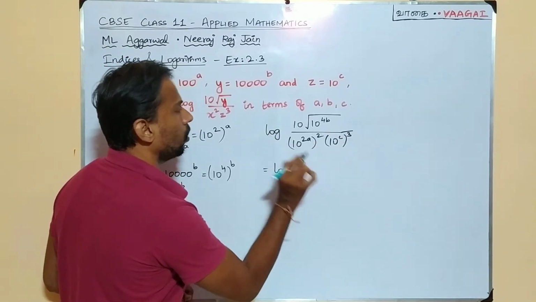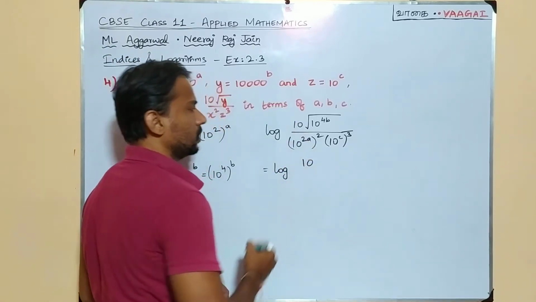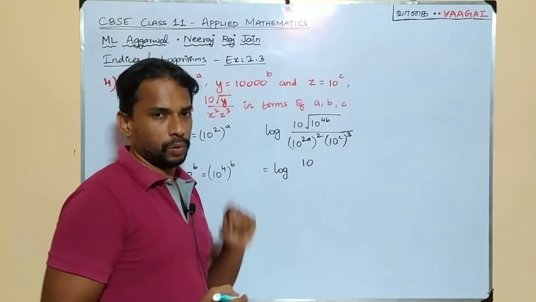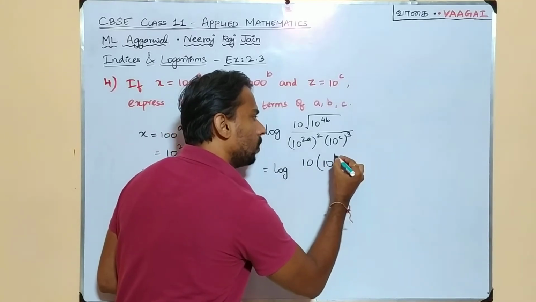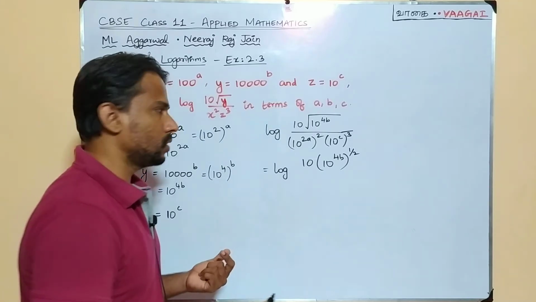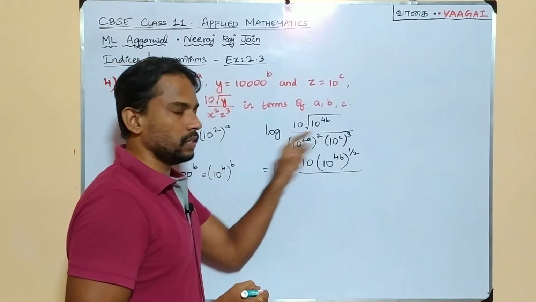So this becomes log of, quickly we'll simplify this, 10 into square root of 10 power 4b. This I can rewrite as 10 power 4b the whole power half. Now divided by, you can bring this 2 inside and this 3 inside.